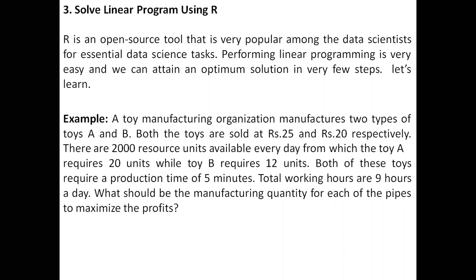For maximizing the profit, we have two different conditions in linear programming, minimization and maximization. In the case of maximization, we need to multiply the obtained optimal equation by a negative sign.